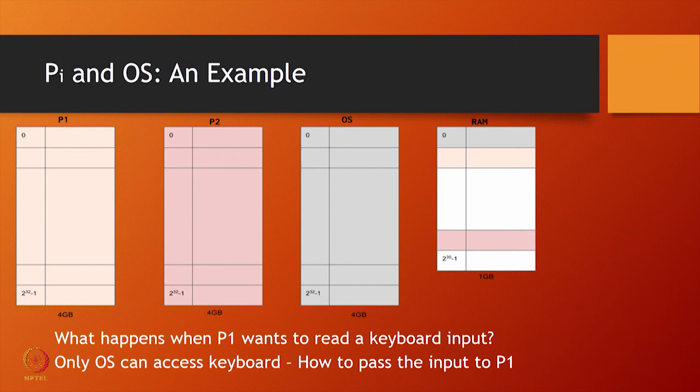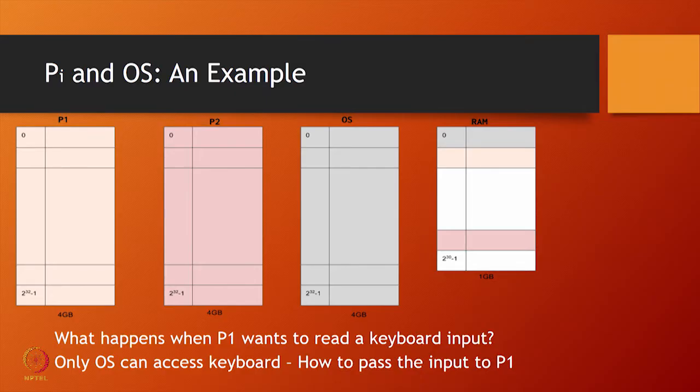The OS is also a process. Please understand that the OS is also a program in execution. Now let us see what is going to happen. Suppose I can't give the entire 4GB to P1, so I will give some space for P1, some space for P2, and some space for the OS. So this entire 4GB address space will be shared and used.